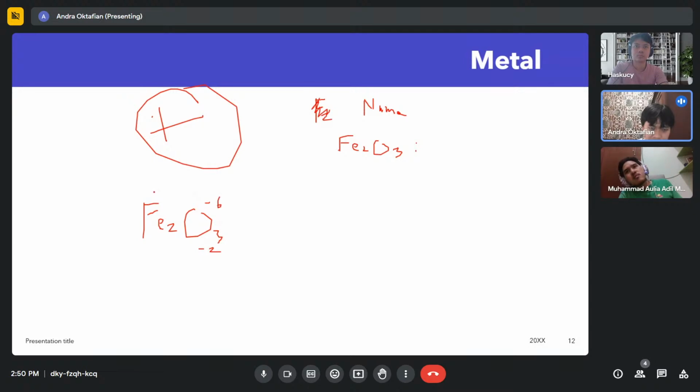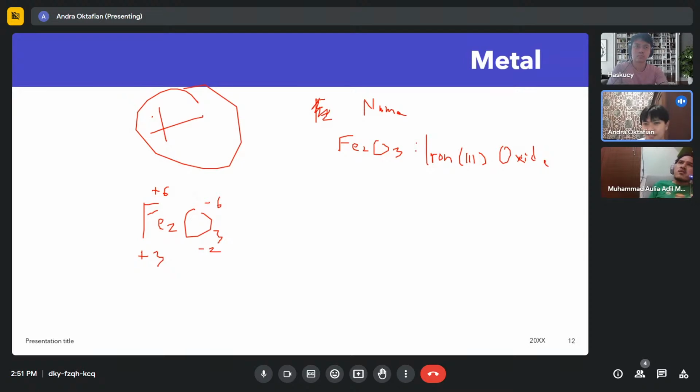And here we got +6, or +3 when it's divided. Because the iron has +3, simply we can call it iron(III) oxide. Easy, right? Yes, something like that.